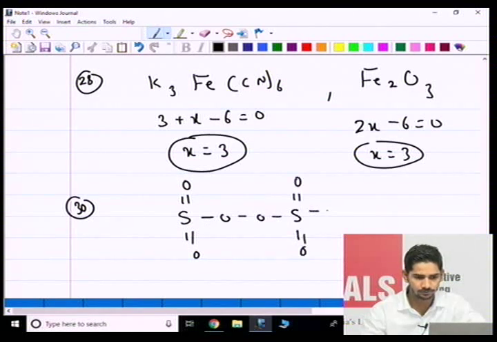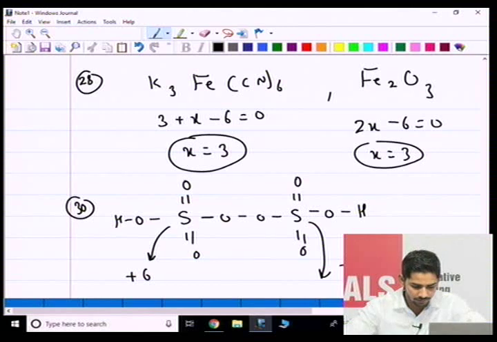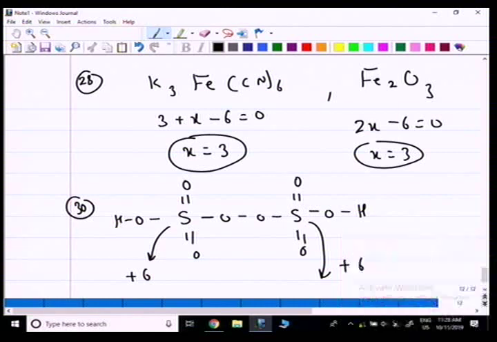This is the structure. See, this one should be plus 6 and this one should also be plus 6. They are asking for the sum of the oxidation states, so on summing these two you will get plus 12 as the answer. Copy please. So option 4 should be the right answer.